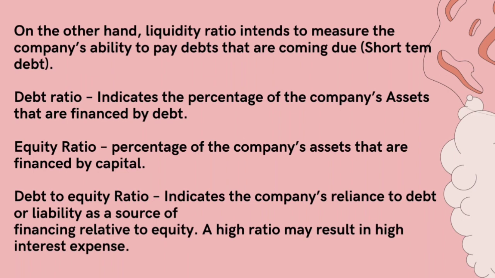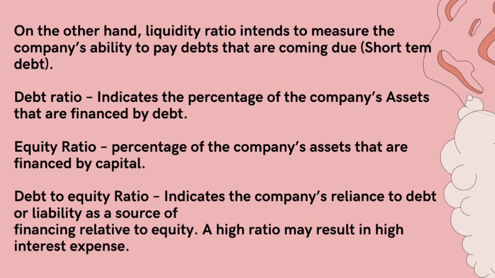Debt ratio indicates the percentage of the company's assets that are financed by debt. Equity ratio is the percentage of the company's assets that are financed by capital. Debt to equity ratio indicates a company's reliance on debt or liability as a source of financing relative to equity.